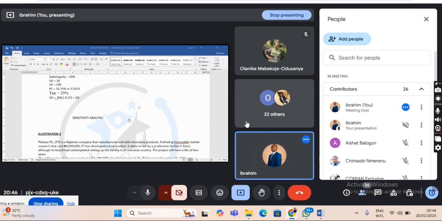What it means is that if that project is viable, let me use another example. You rent an apartment for labor, those who are engaged in a capital project. The rent costs 50 naira, and the project is viable, which is a positive NPV.